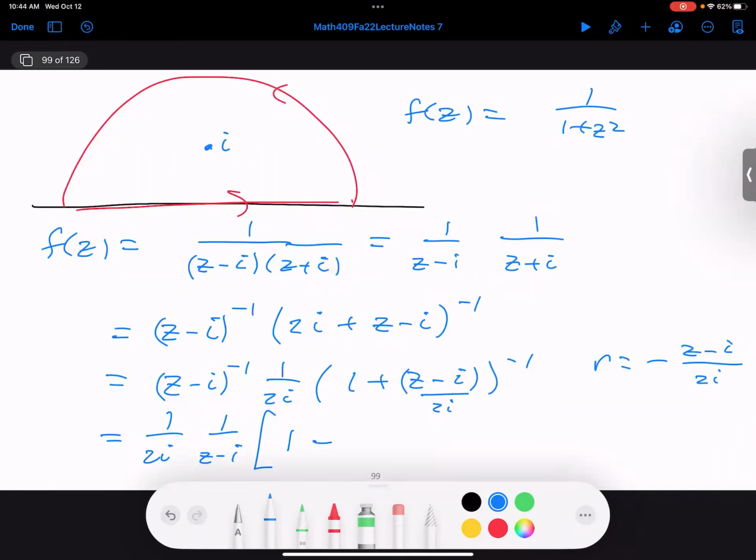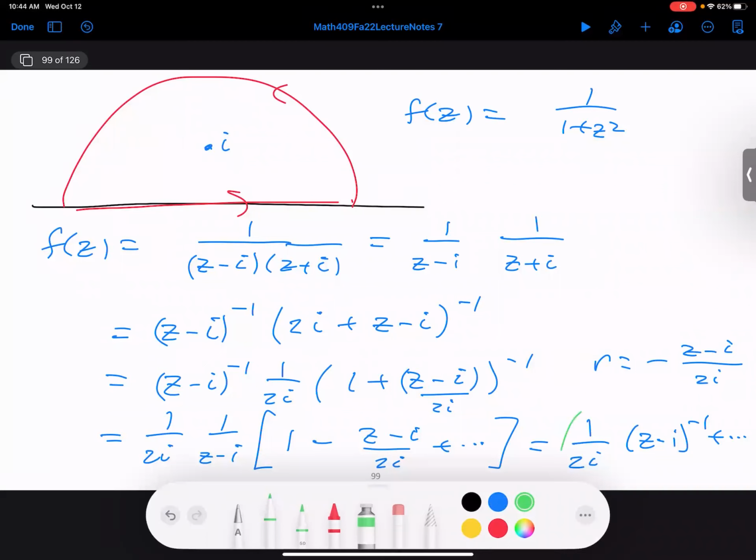So it'll become 1 minus (z minus i) over 2i plus dot dot dot. But it doesn't really matter. I only care about the minus 1 coefficient. Because I multiply by (z minus i) inverse, this is going to give me the constant term. The next is going to give me the linear term. So this looks like 1 over 2i times (z minus i) inverse minus and so on. So what's the residue?